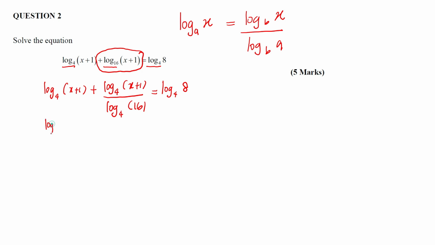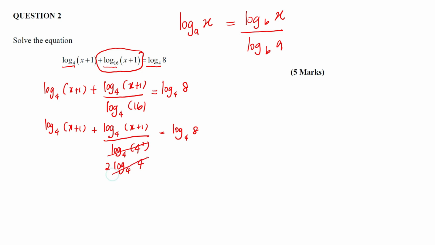So we can have log 4 squared, or we can write as 2 log 4. So it is the same. So log 4 4 is 1. So the denominator will be 2.